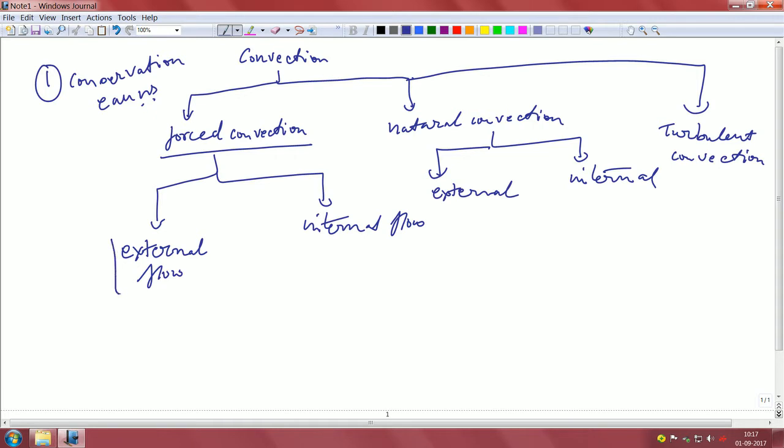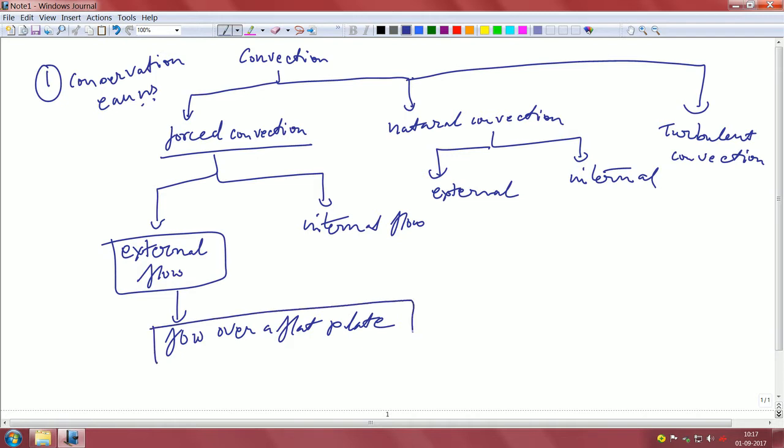Under external flow, later during this lecture we are going to take flow over a flat plate, the most canonical problem that you can get, and different varieties of flow over a flat plate or flow over an inclined plate, and variations of that. This is very important because it will enable you to see how we can use the conservation equations to solve this particular problem.